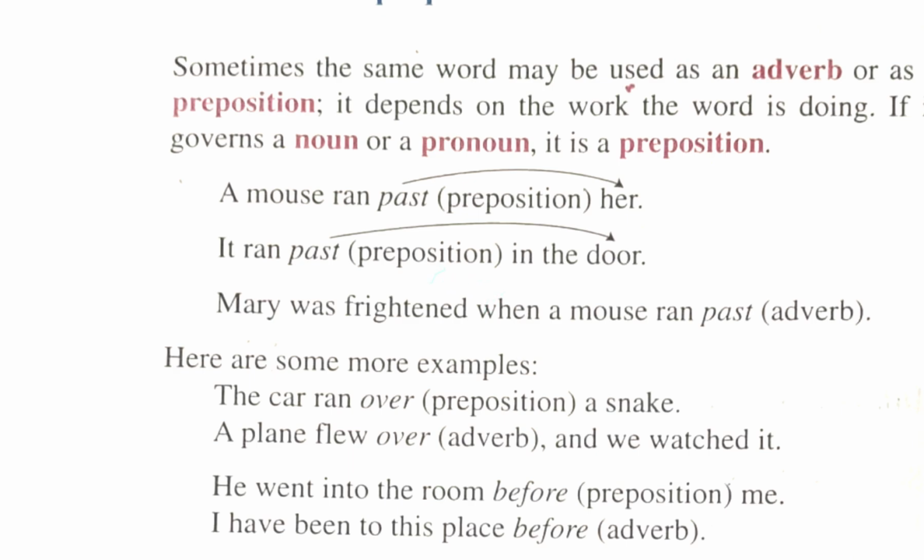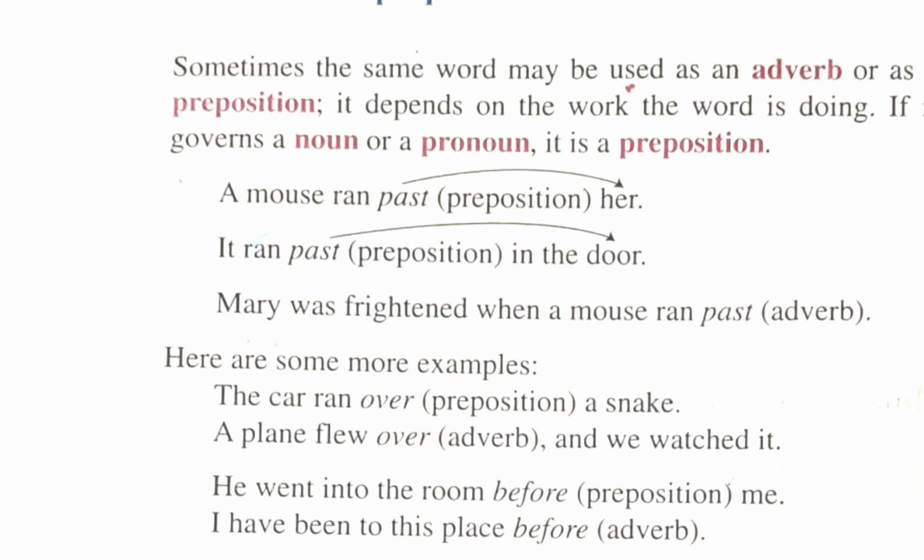That is, a preposition is actually a word which shows the relationship between two words. Or another way you can think: if you remove the italic word, which you are supposed to find out is an adverb or a preposition, then you will find the sentence is not meaningful, or it is not expressing any meaning.